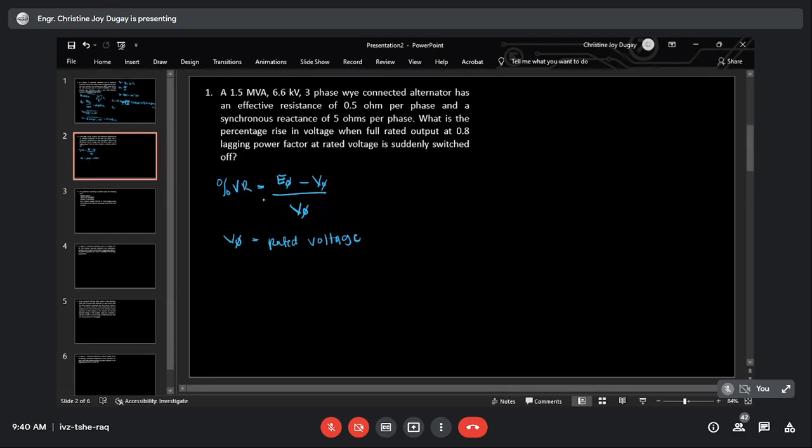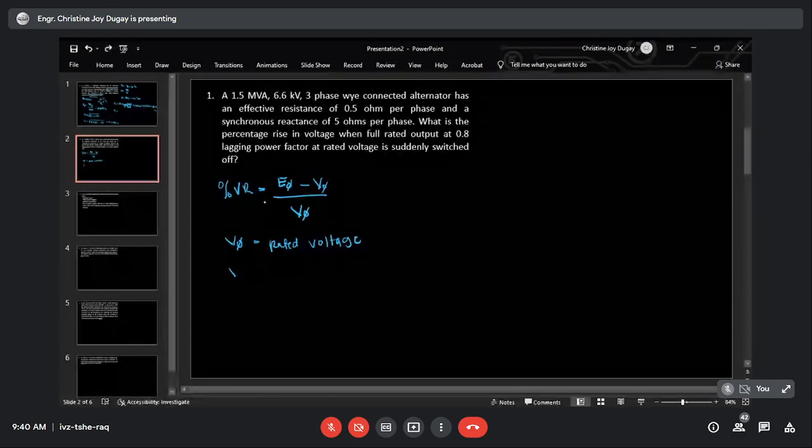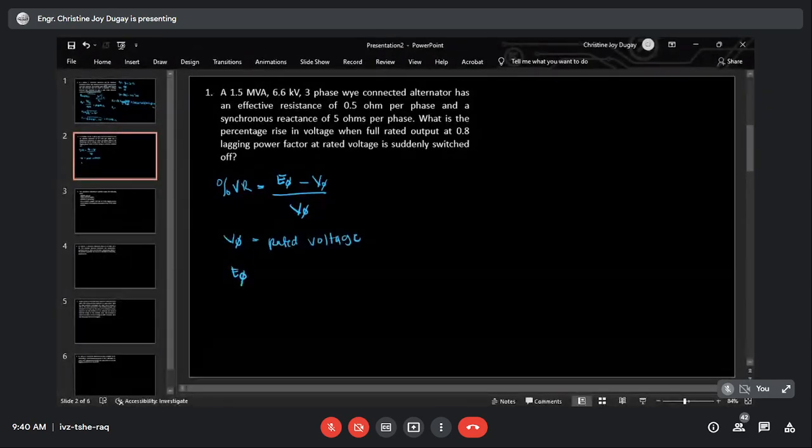And, saan naman natin kukunin si E phase ngayon? Si E phase naman, galing siya kanino? Sa summation ni V phase at saka yung voltage drop natin saan? Sa I phase at saka sa impedance. So, synchronous impedance.